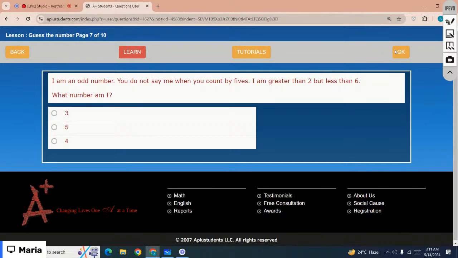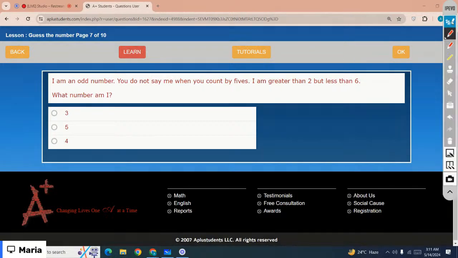The correct option is... you do not say me when you count by five, right? So the numbers that are greater than 2 and less than 6 are 3, 4, and 5. So that means 5 is not included because you cannot say me when you count by fives. Now you have 3 and 4, and the odd number is 3.